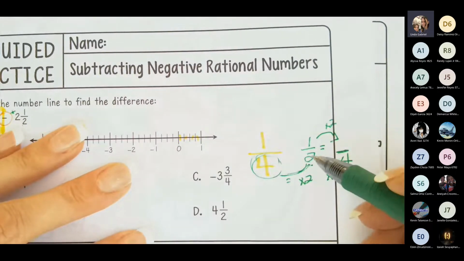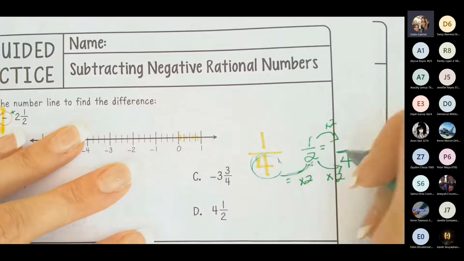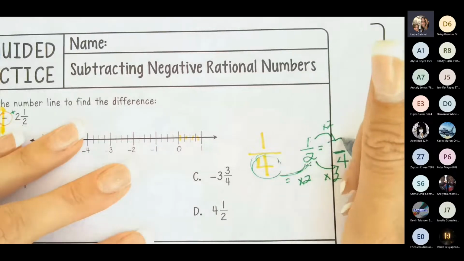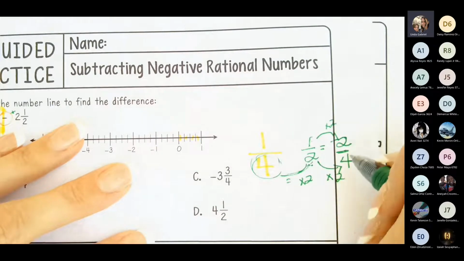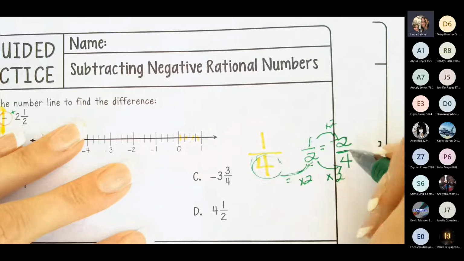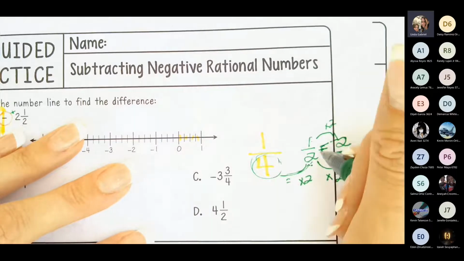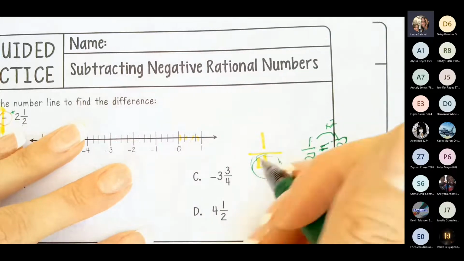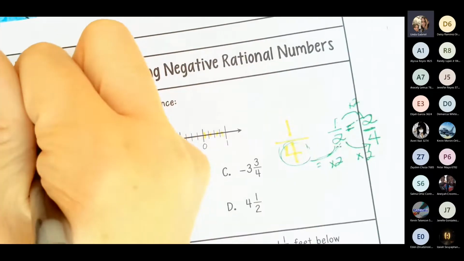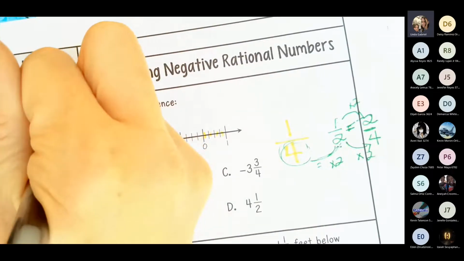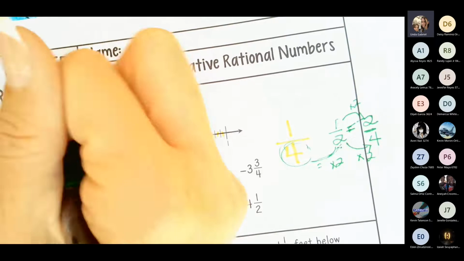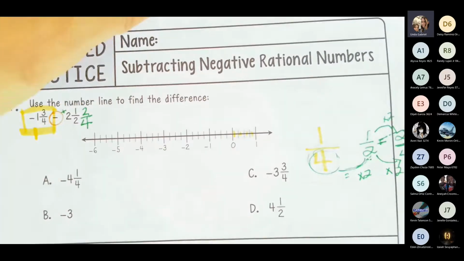Because I have to do the same thing to the bottom as to the top. So 1 times 2 equals 2. So 2/4 is equal to 1/2, right? They're equivalent ratios. So I'm going to add 2 and 2/4. That's just going to make it easier for me as I move across my number line.